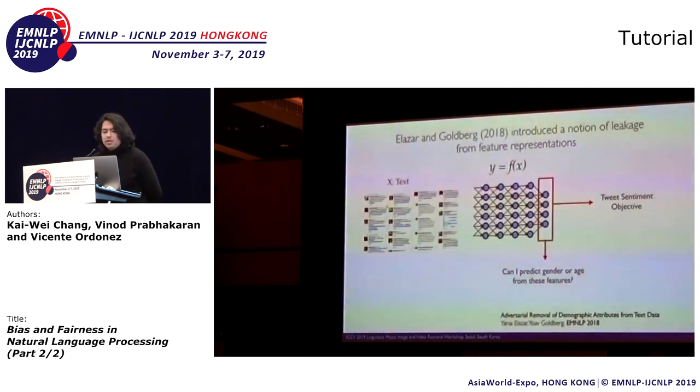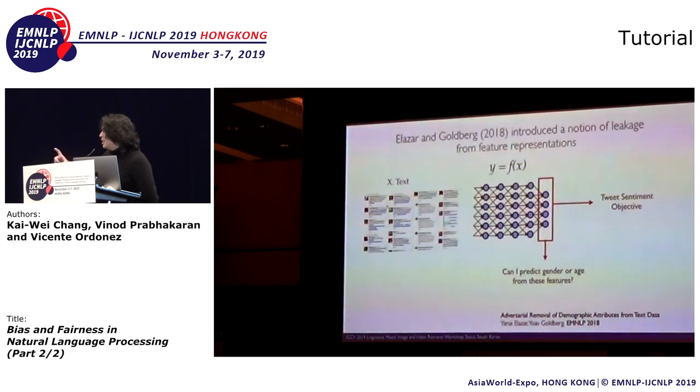So there is this paper in 2018, an EMNLP paper by Elazar and Goldberg. And here the idea was to classify tweets. They had a sentiment analysis task. The idea was, well, I'm going to train a sentiment classifier, and this sentiment classifier is going to be a neural network, a recurrent neural network, I believe. So they took the features that the recurrent neural network learned for each of these tweets.